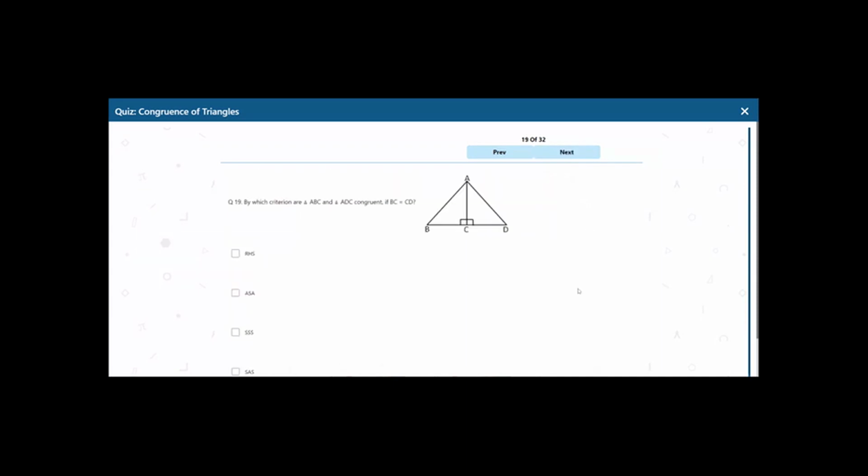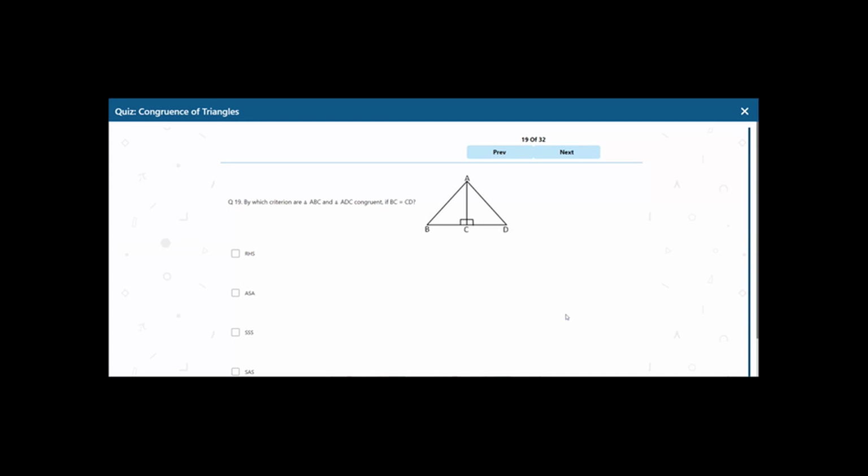By which criteria are triangle ABC and triangle ADC congruent if BC equals CD? Ma'am, SAS. It cannot be RHS, because they have not said the hypotenuse is equal.